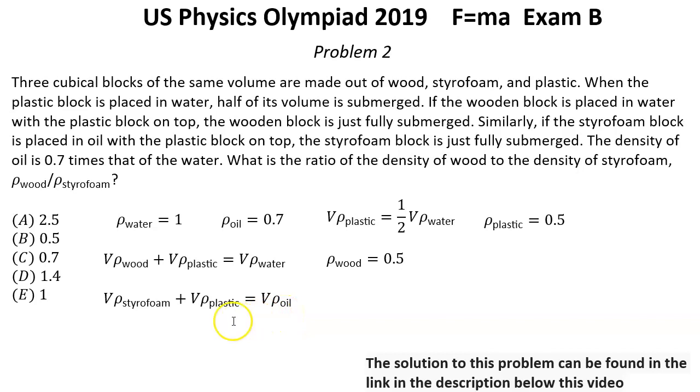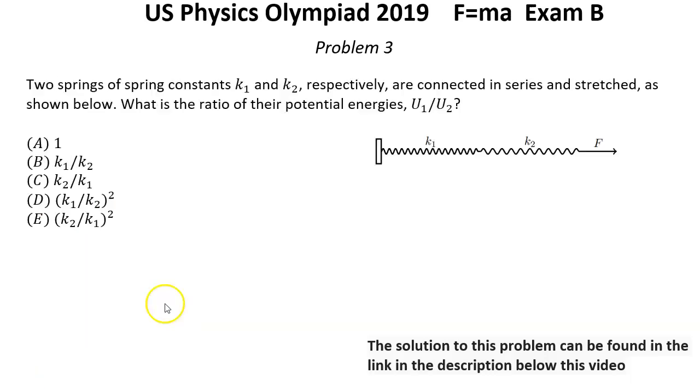Here we know rho oil and rho plastic, and we can find rho styrofoam. That will be 0.2. And now we can calculate rho wood over rho styrofoam. That will be 2.5, which is answer A, and that was the solution for problem number 2.